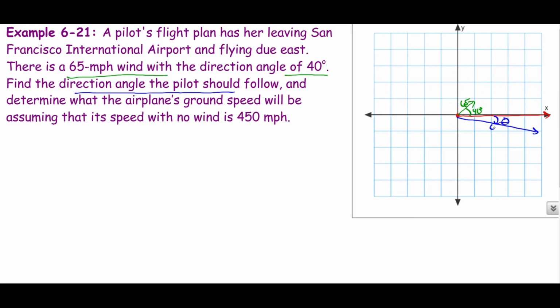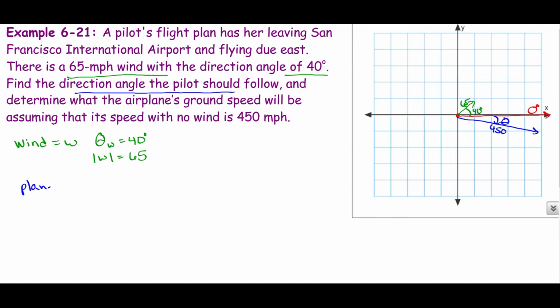So what we know is that this speed, or this magnitude on the actual path of the plane, is going to be 450. And then what we know on this vector here, the red vector, is we know that this angle is 0 degrees. So we have the wind. I'm going to call that vector W. And I know that the angle for vector W is 40 degrees, and I know the magnitude of W is 65.